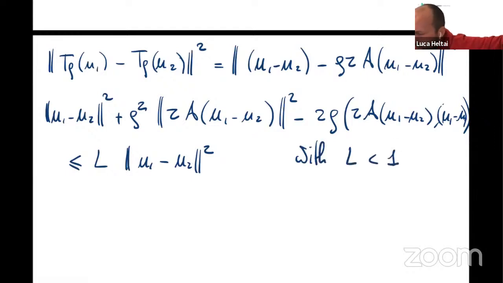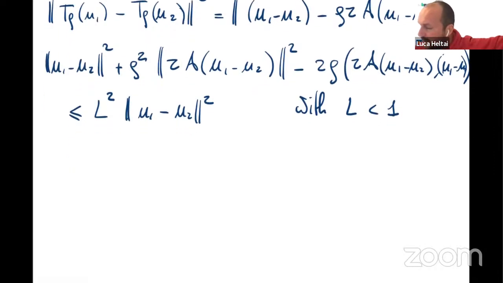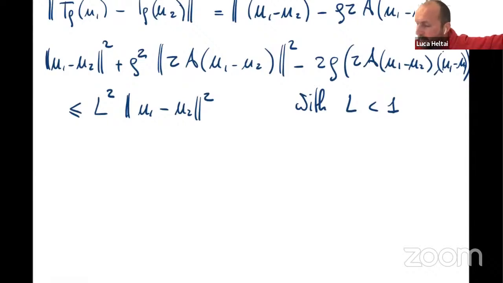Since I have the square of T rho U, there should have been a square here if I do it this way. So this is L square with L strictly smaller than 1. And if I look at it in this way, I would like to try to figure out if I can proceed with what we know about this inequality in terms of the Lax-Milgram lemma hypotheses. So let's try to take a look at this.